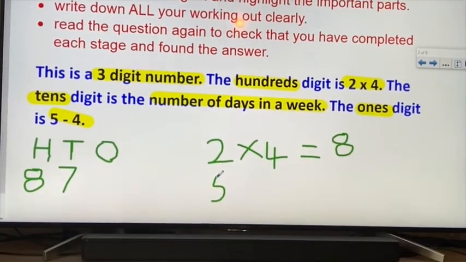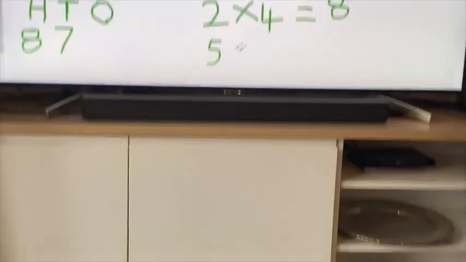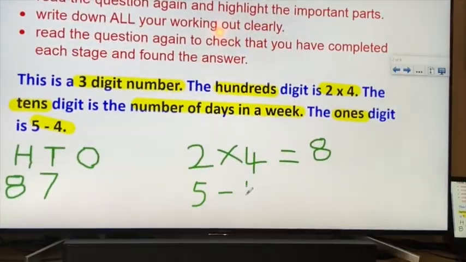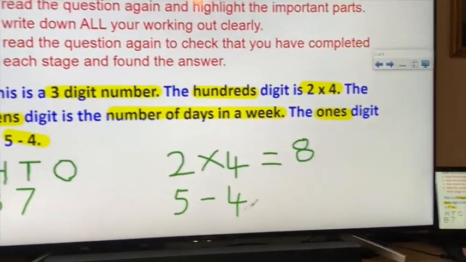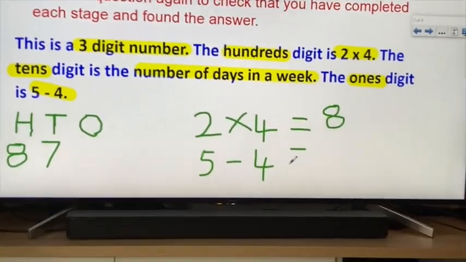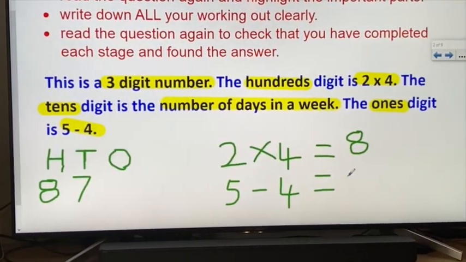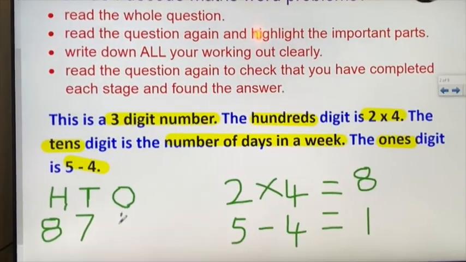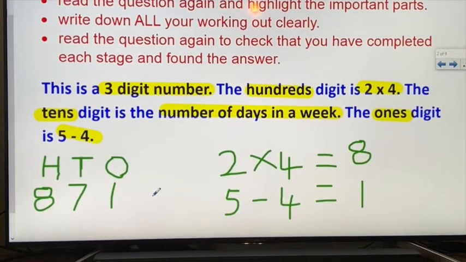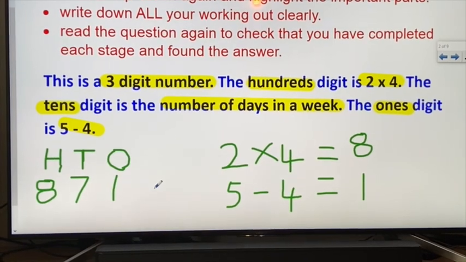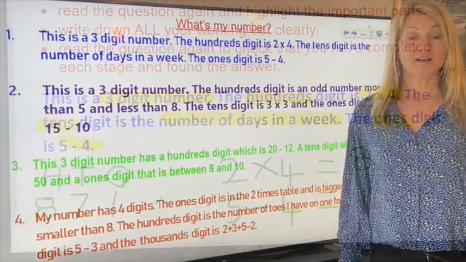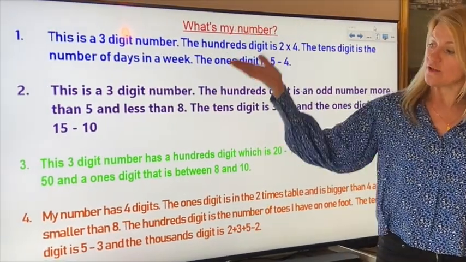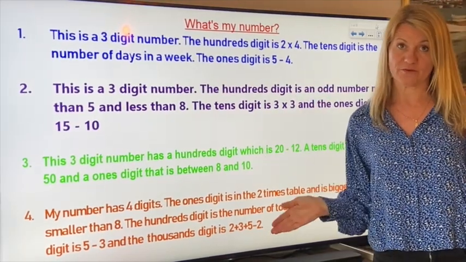Let's write that out so we are clear and our teacher can see that we have done the working out. 5 take away 4 is, exactly, it's 1. So we can place our 1 there, and there we have our answer, 871.